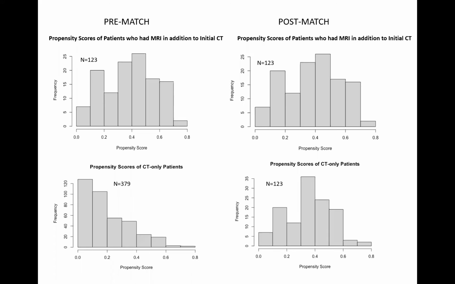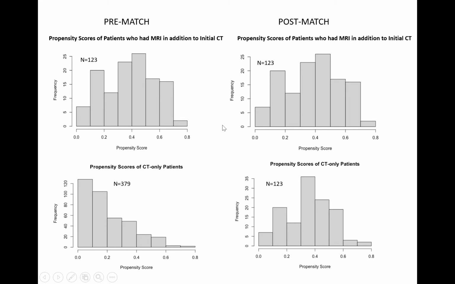So these are the propensity scores. Propensity scores range from 0 to 1. We were matching for probability of getting an MRI. So you can see that the CT only patients had much lower propensity scores than the MRI patients.